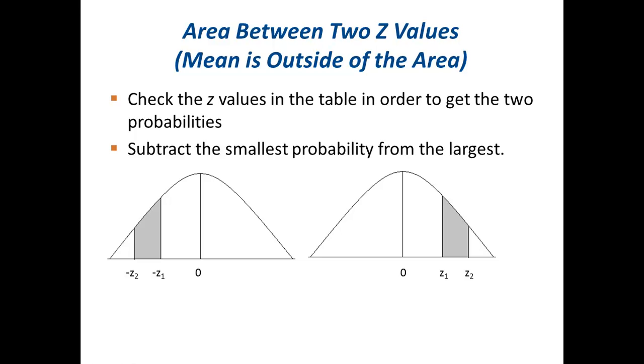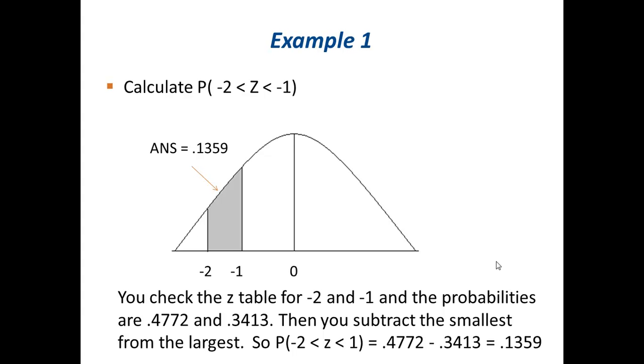Then if we have the area between two z values and the mean is not inside the area, in this case you have two negative z-scores or two positive z-scores, then you have to calculate both probabilities and subtract the smallest probability from the largest. So what is the probability z to be between negative 2 and negative 1? You calculate between negative 2 and 0, negative 1 and 0, and then subtract the two probabilities.